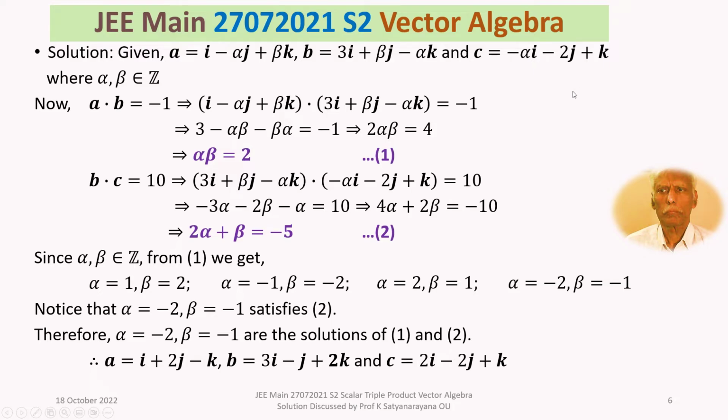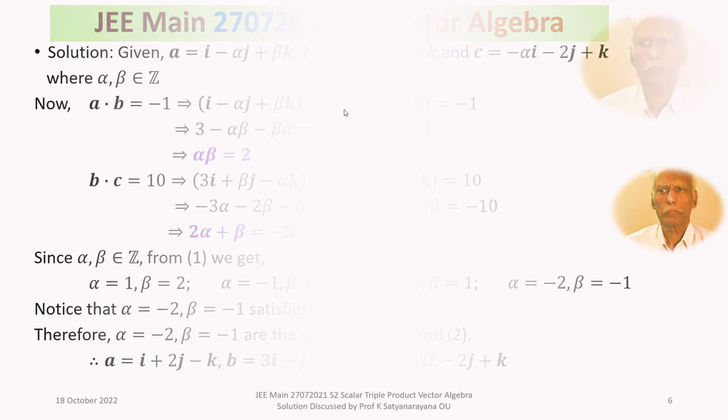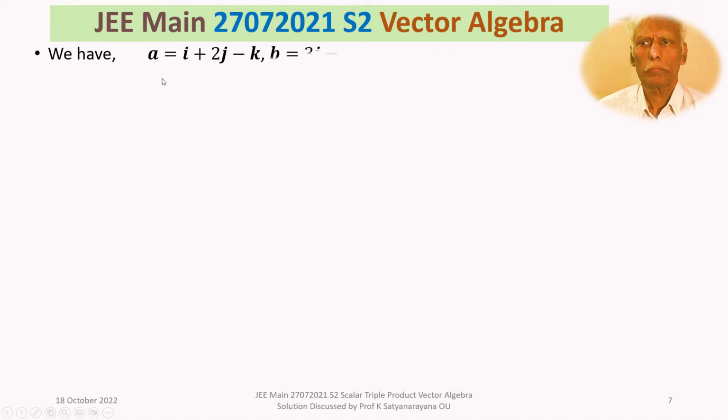Now we are ready to compute (A cross B) dot C. We do it in the next slide. We have these three vectors brought forward from the last slide.